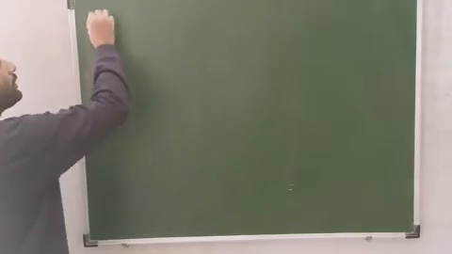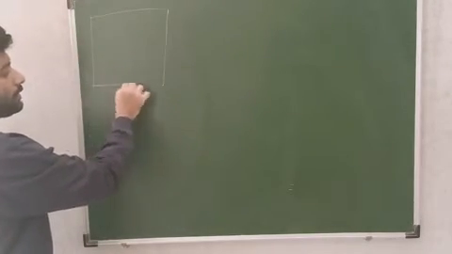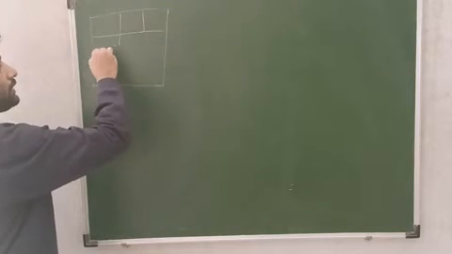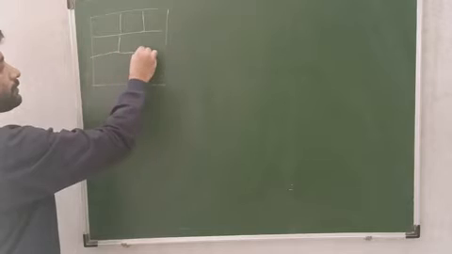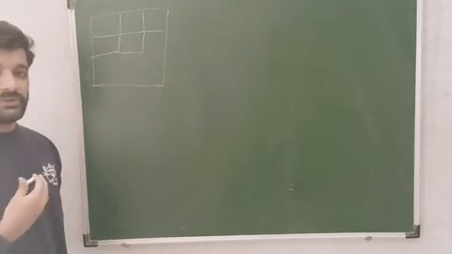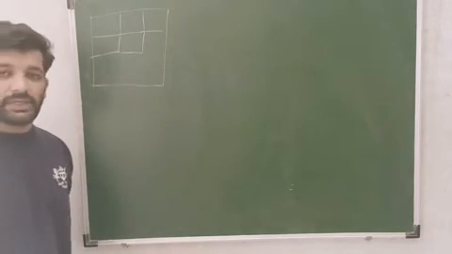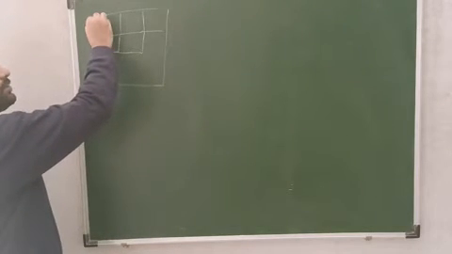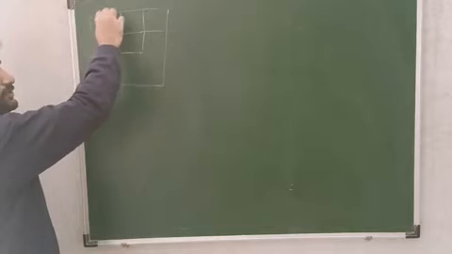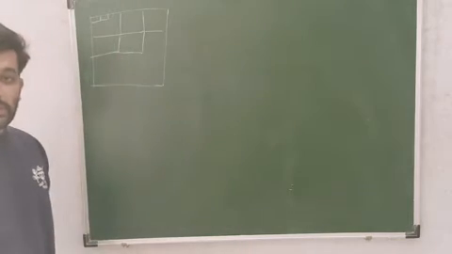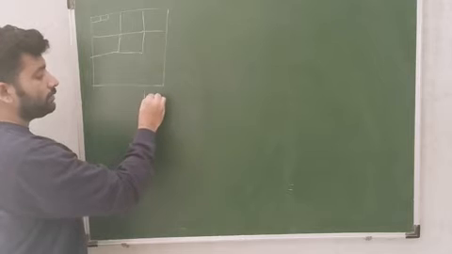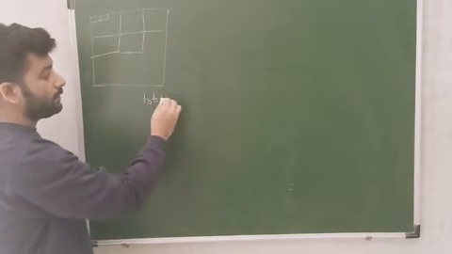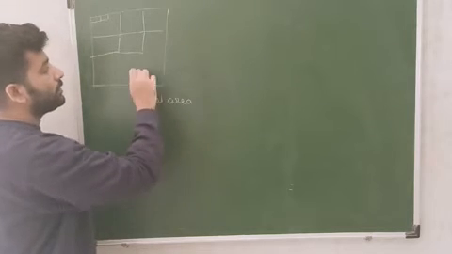Imagine a plot. In a plot there are buildings, okay, and the buildings are of the same height and length. So if you want to find out the total number of flats present in this whole plot, what we will need is the total area.